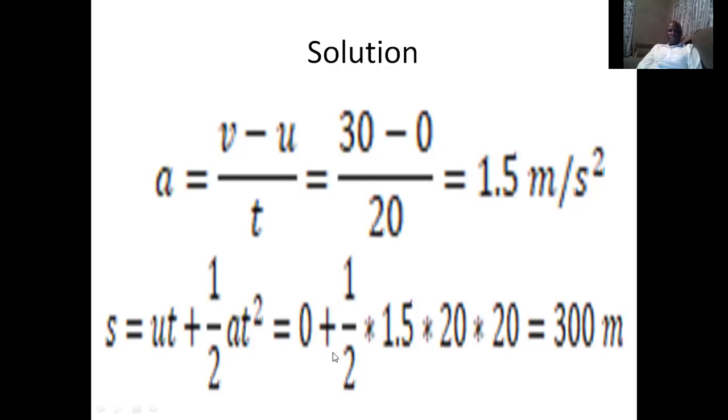The bus was starting from rest, meaning that the initial velocity is 0. Then the acceleration was 1.5 and our time is 20 times 20, which gives us 300 meters. And so I thought we can derive these equations as well as do a simple question to enable us to fully understand how to apply these equations.